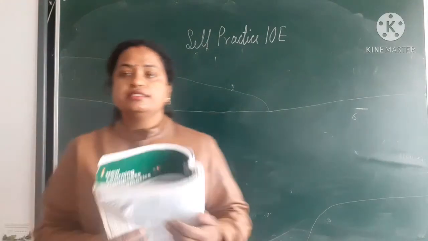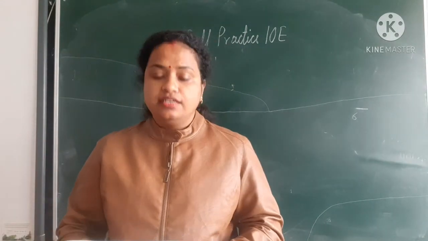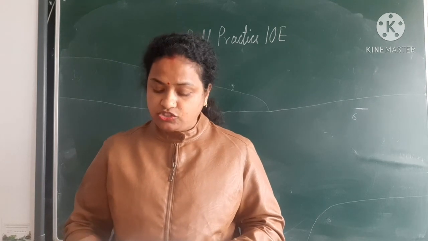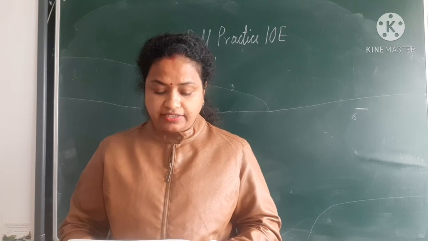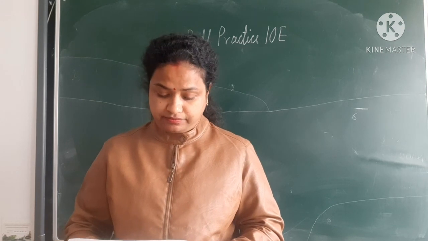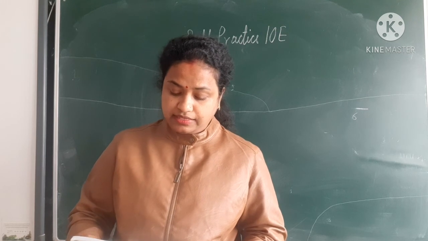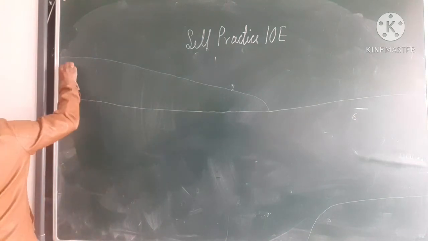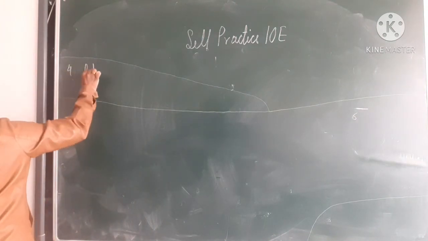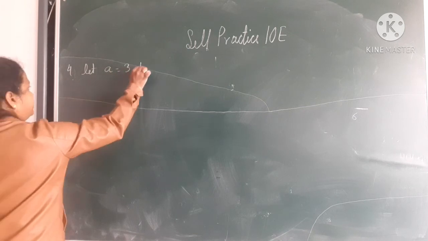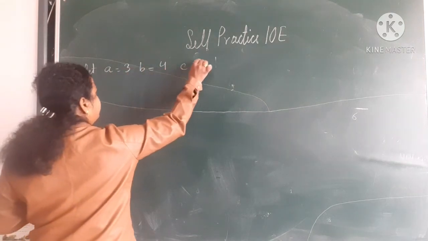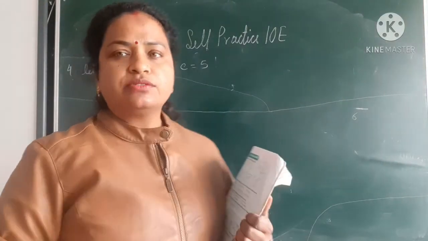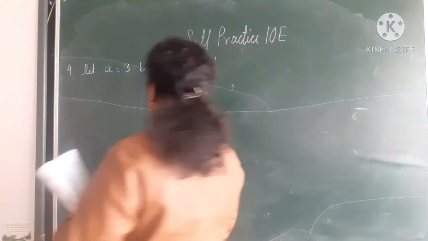Now, see the last question of this exercise. Suppose the numbers A, B and C form a Pythagoras triplet. In each of the following, is it also a Pythagorean triplet? Explain. So let us see the first one. Here I am taking A equal to 3, B equal to 4 and C equal to 5.